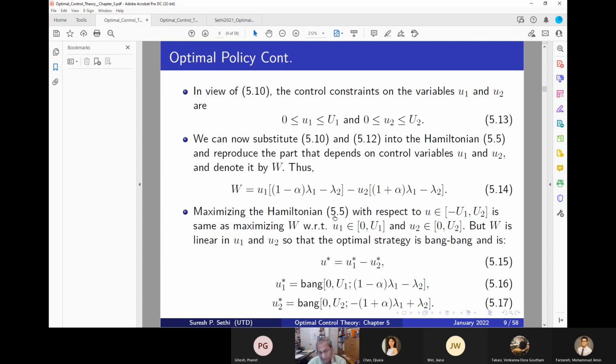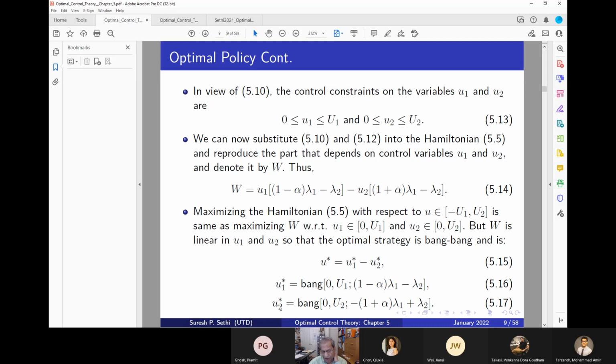So maximizing the Hamiltonian with respect to U is the same as maximizing the Hamiltonian with respect to U1 and U2. And the controls U1 and U2 are bang-bang. So here's the control U1 star, which is bang, 0 or upper bound U1, depending on this quantity being negative or positive.